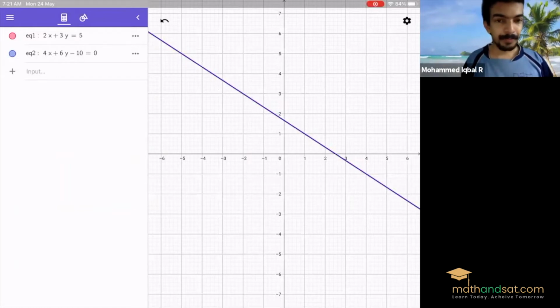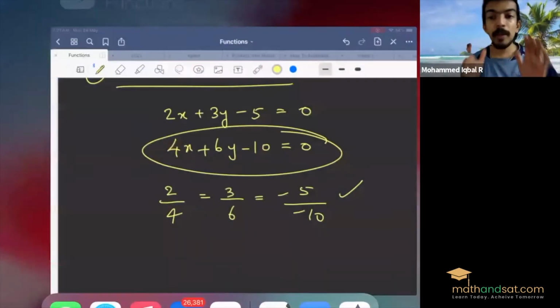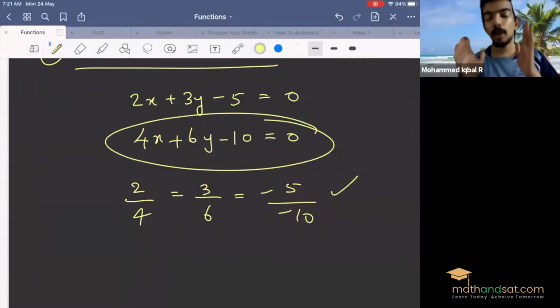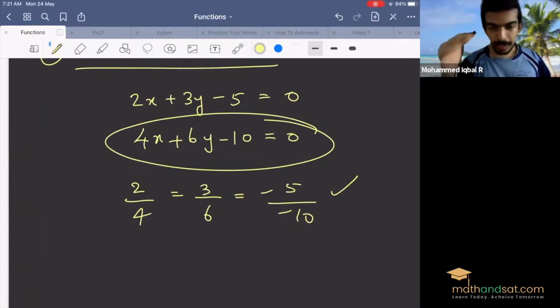So, just by looking at the equations without drawing the graph, how can you say that the straight lines are coincident? The condition is very simple. The coefficients have to be proportional. Please note it.